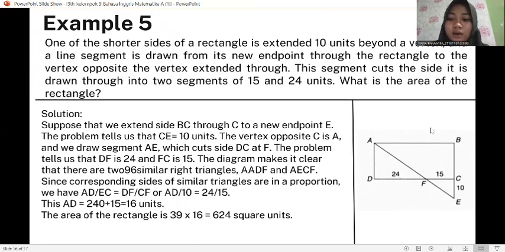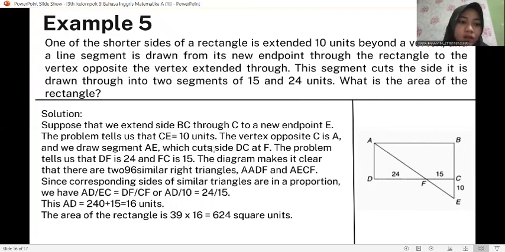For the solution, we can draw here a rectangle ABCD, and we draw triangle CEF, or we can draw a line AE to BC.